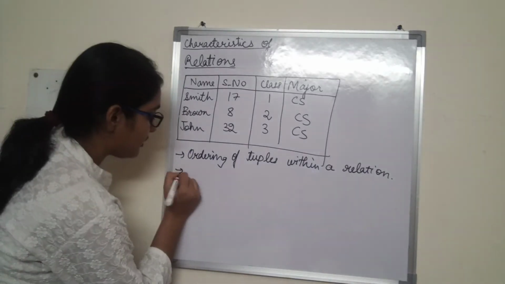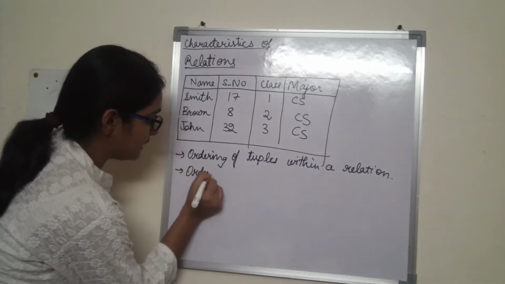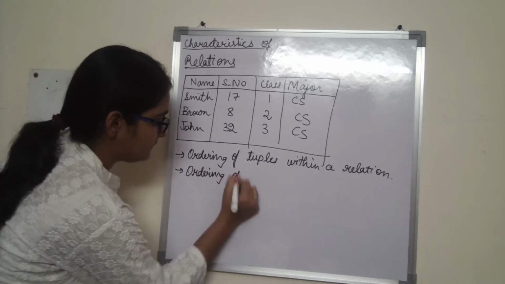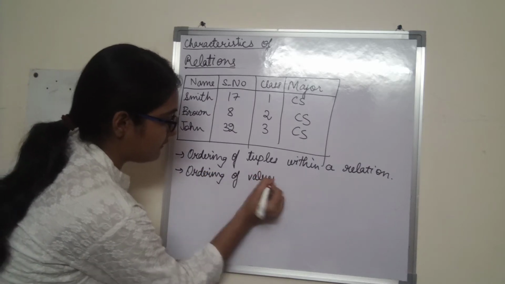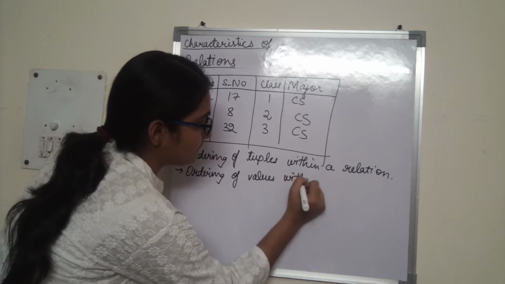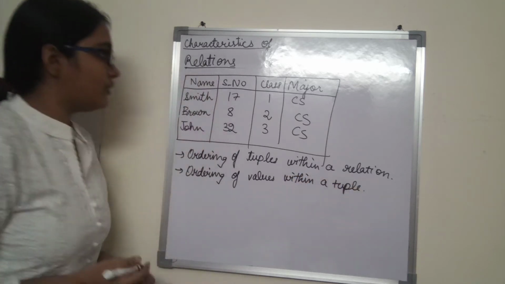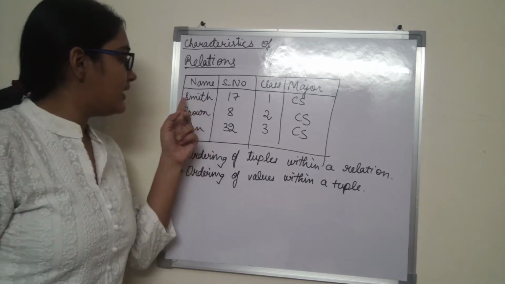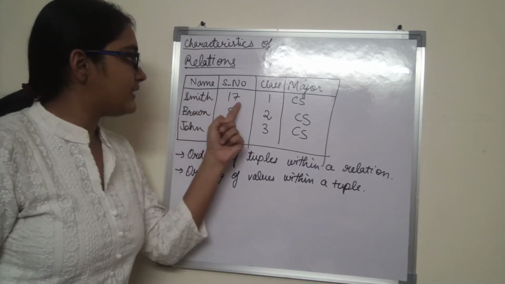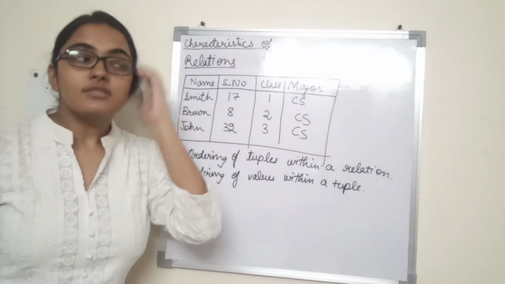Next point, we are going to be talking about ordering of values within a tuple. So these are the values. Let us talk about this tuple, Smith, 17, 1, CS.